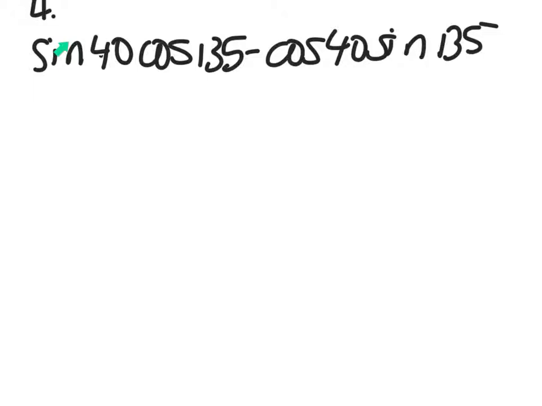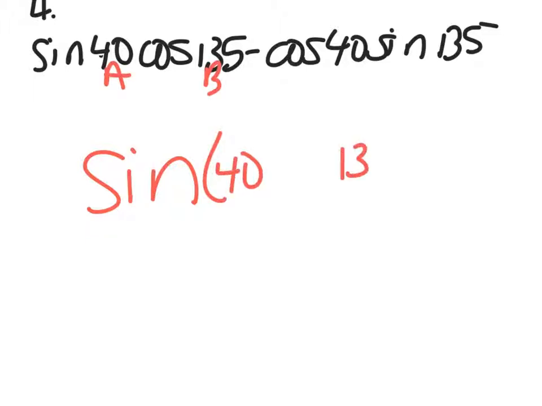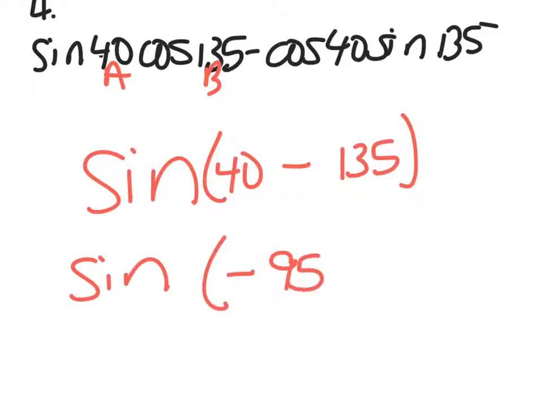If it goes sine, cosine, cosine, sine, that is a sine. And then my A and my B, so 40 and 135. And if you remember on sine, whatever this sign is, this one is. So minus goes here. So this is equivalent to sine of negative 95.